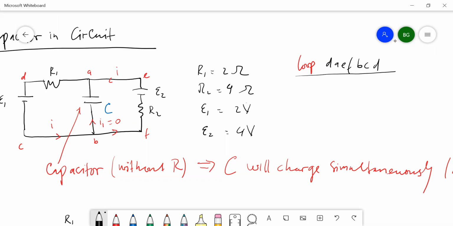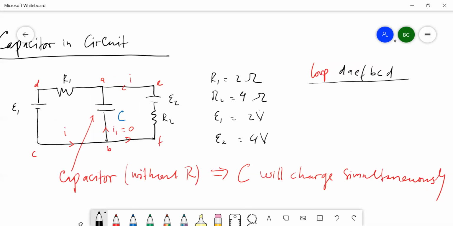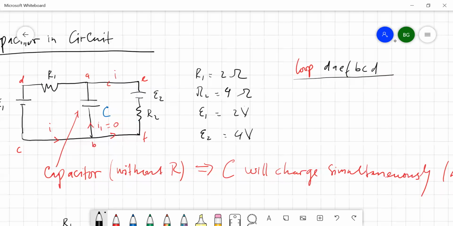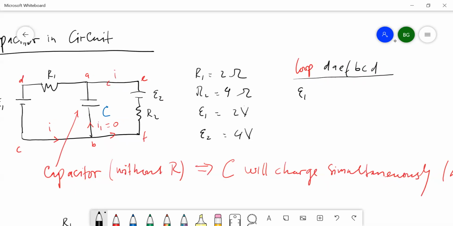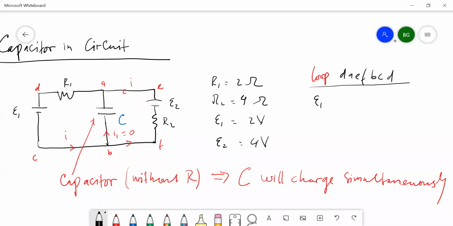We have the potential around D, A, E, F, B, C, D. We have epsilon 1, and this is minus epsilon 2, because this is minus plus, minus plus.